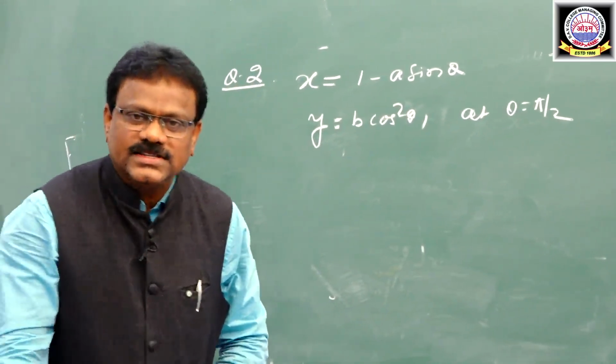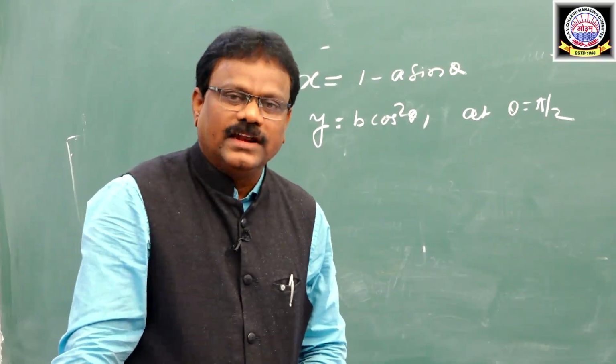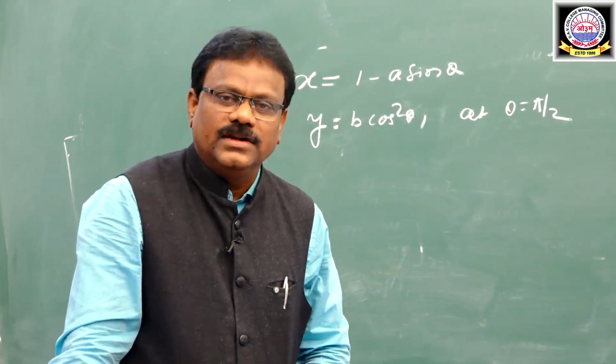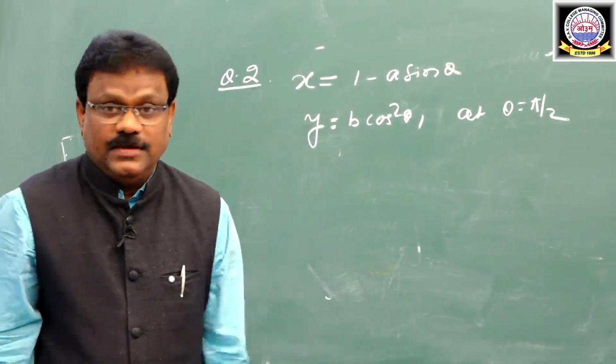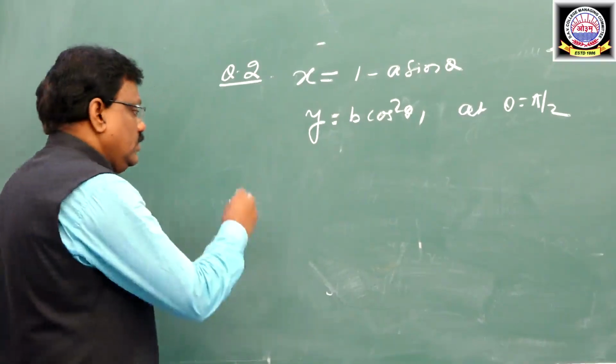What type of function it is? Yes, it is a parametric function where the parameter is theta here. So you know how to get the derivative of the parametric function. So let us find out the solution.